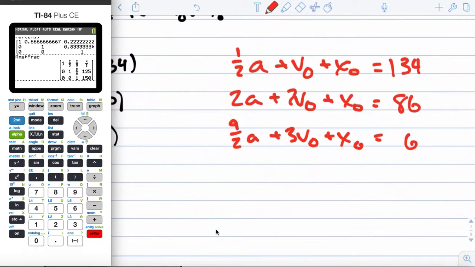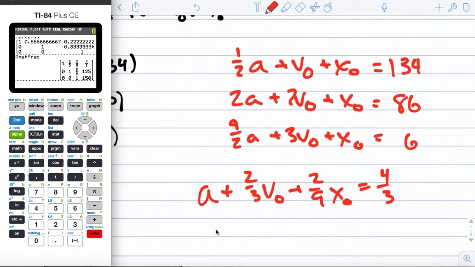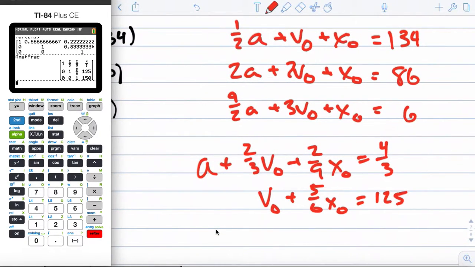It tells me A plus 2/3 your initial velocity plus 2/9 your initial placement is equal to 4/3. Or I get your initial velocity plus 5/6 your initial height is equal to 125. Or your initial height is equal to 150.